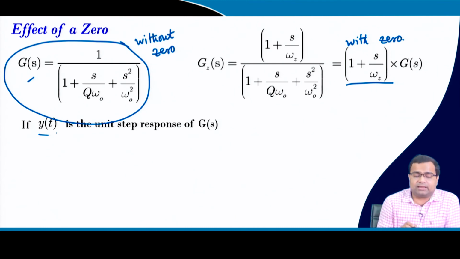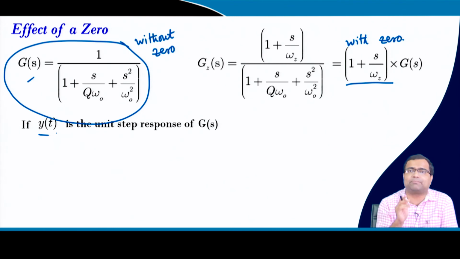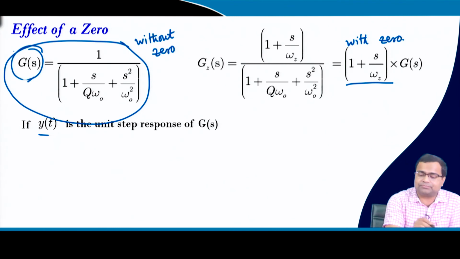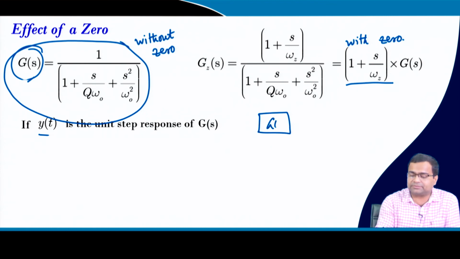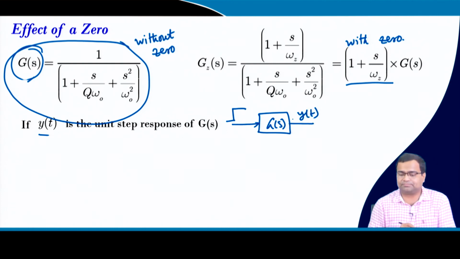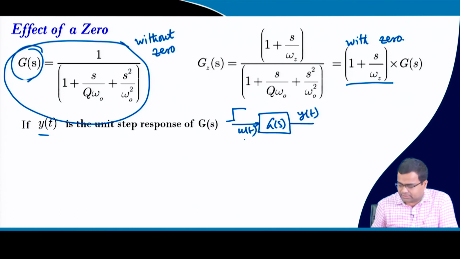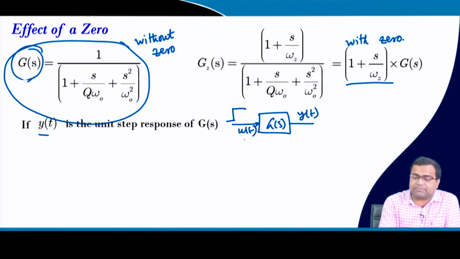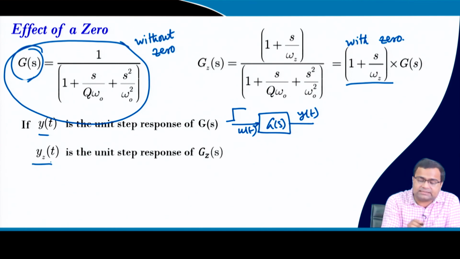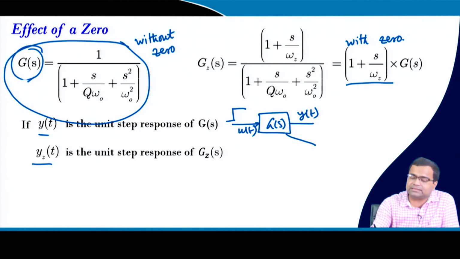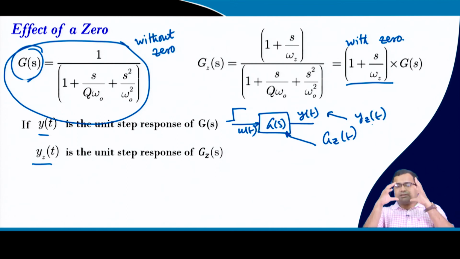If y of t is the unit step response of this, that means we have applied a unit step to this system, our system G(s), and we want to check what the response of this system is. This is my input. Then this is a unit step response, and y z of t is the unit step response with the 0, with omega 0 t replacing t.